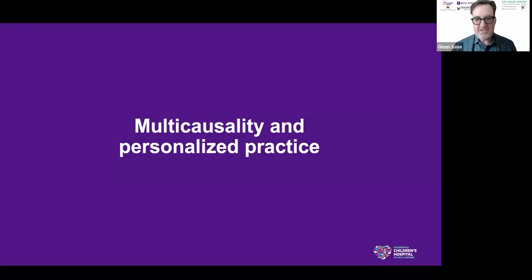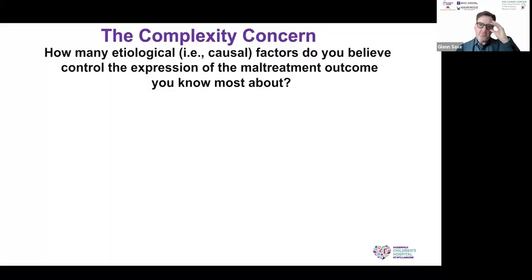Now it gets more difficult with multi-causality, which really also defines why we need to personalize things. So I want you to think about any of the maltreatment outcomes I've talked about, and any that you know a lot about.